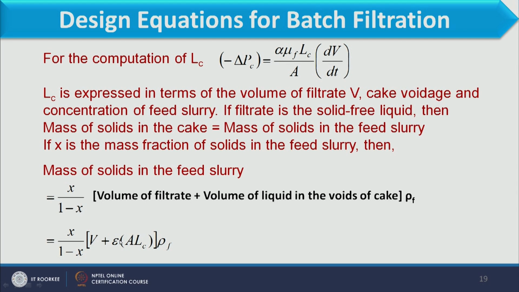A is the cross sectional area of the cake and Lc is the thickness of the cake, so this is the volume of cake, into epsilon, because epsilon is the voidage. In this way we can define the volume of the liquid in the cake. The whole factor is multiplied with rho F, because we have to consider here the mass of the liquid: volume collected into density of the fluid.